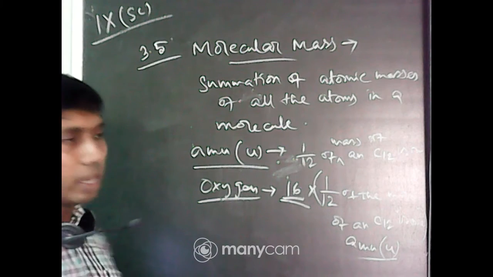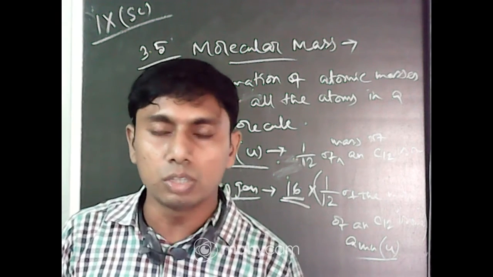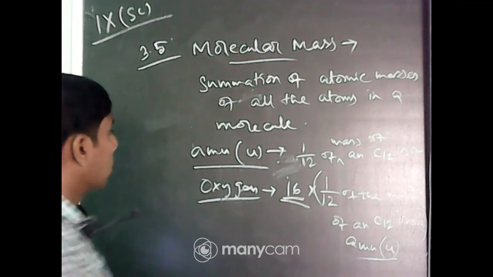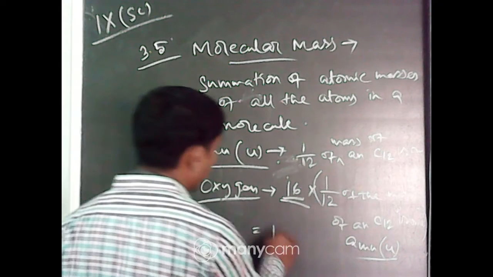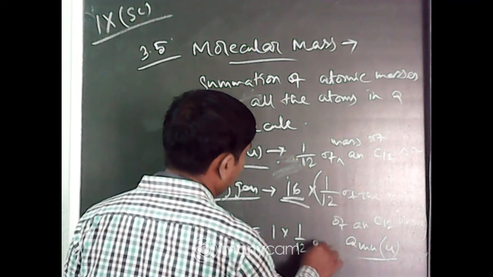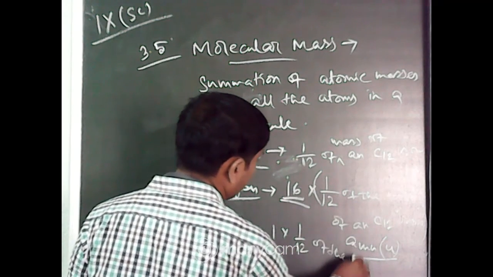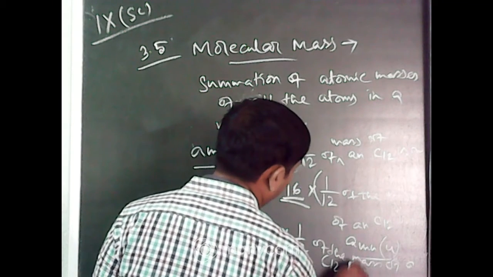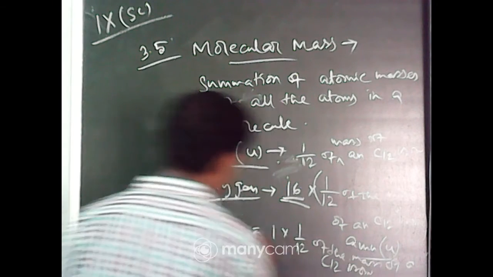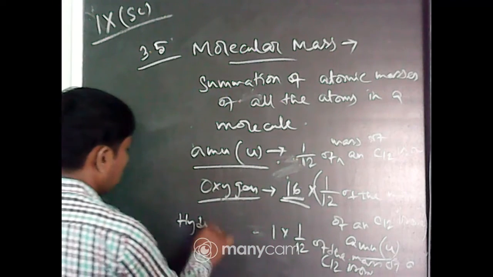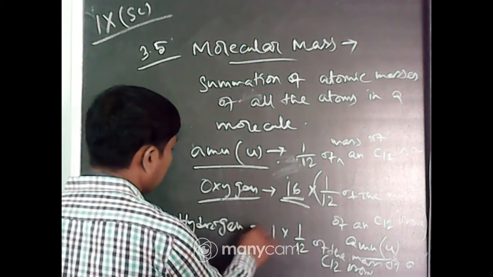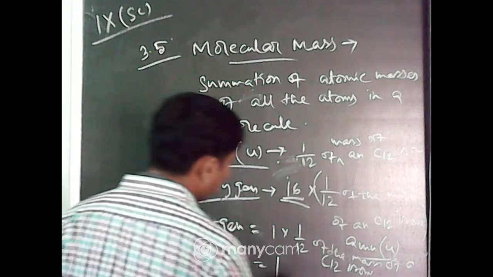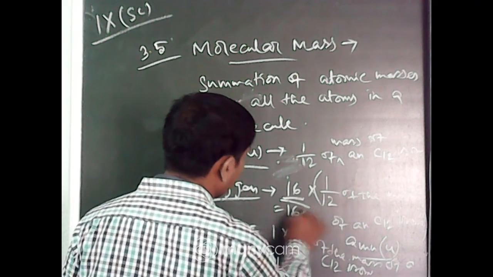In the same way, the atomic mass of hydrogen is 1, because it is 1 into 1/12 of the mass of a carbon-12 atom. So on this scale it is equal to 1 u, and oxygen is equal to 16 u.